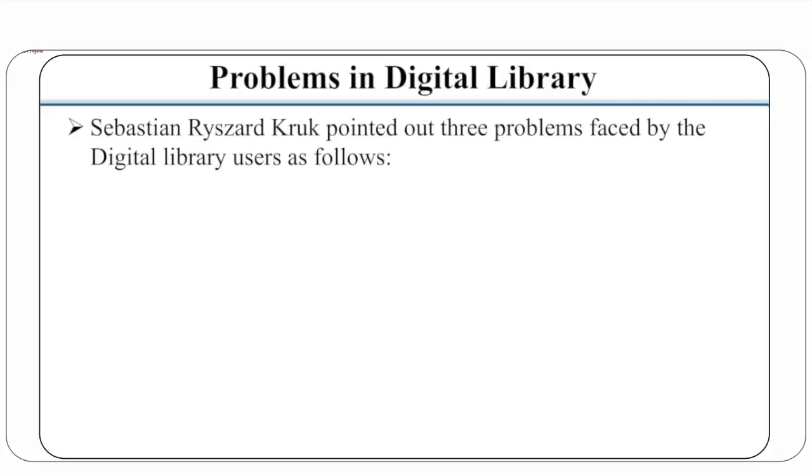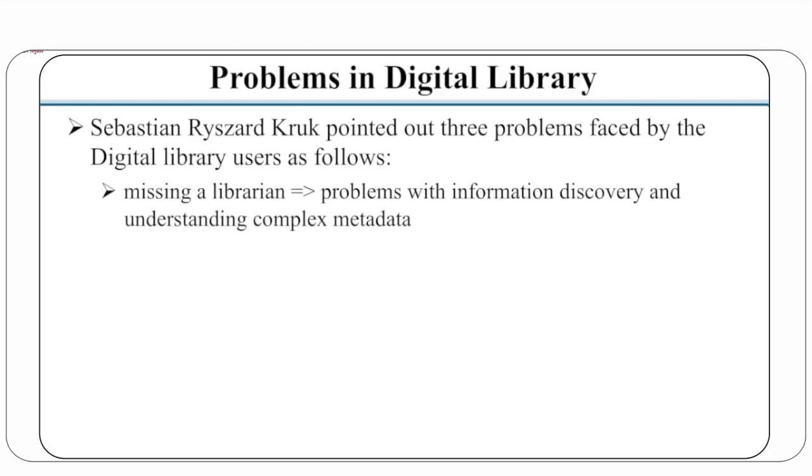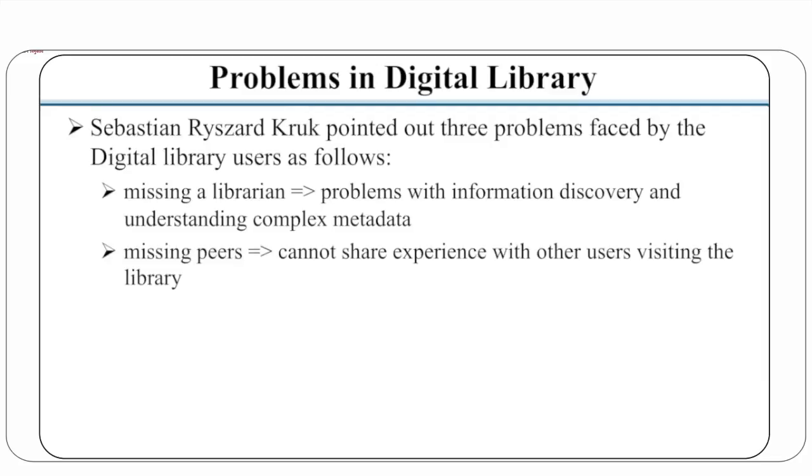Sebastian Reisert-Kruk pointed out three problems faced by the digital library users as follows. Missing a librarian: problems with information discovery and understanding complex metadata. Missing peers: they cannot share experience with other users visiting the library.